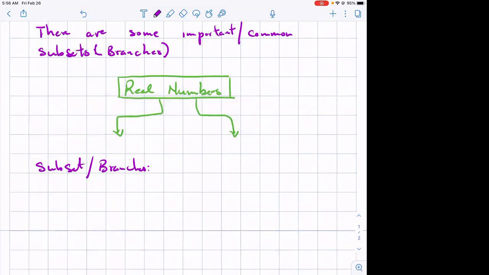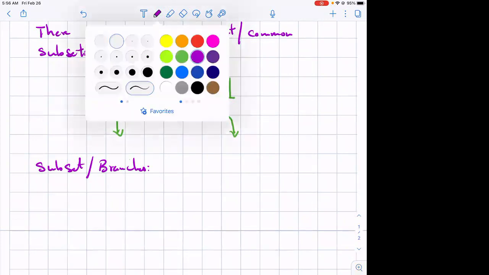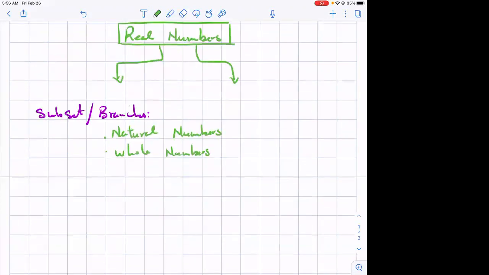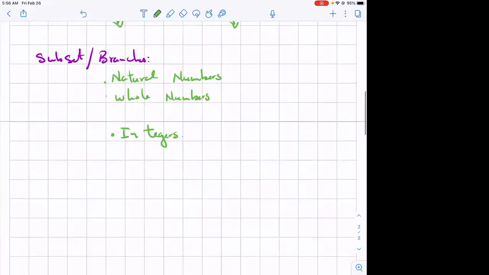We have natural numbers, whole numbers, integers, prime numbers, even numbers, positive, negative.